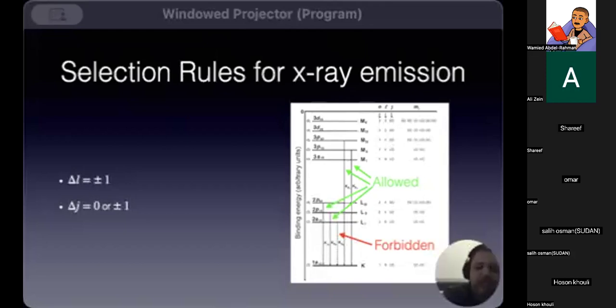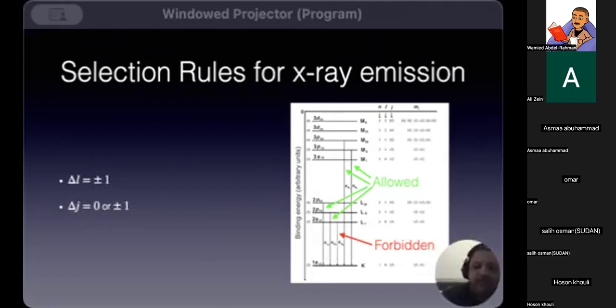If we have an electron here in L1 and a vacancy in the K shell, this electron will not likely occupy that vacancy, because delta L between the two subshells equals 0. Based on the selection rules, the transition will happen when delta L equals plus or minus 1.